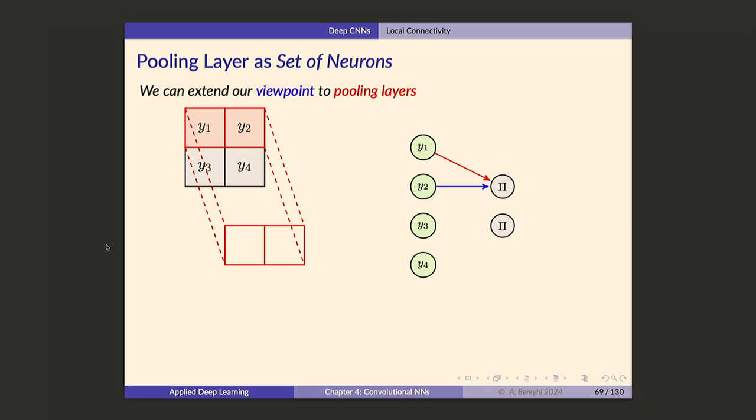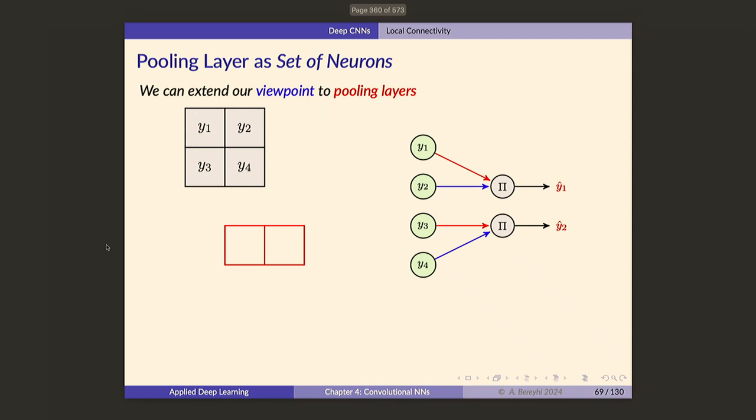So I can look at y1, y2, y3, and y4, all of my inputs, as different nodes. The first 2 are connected to the first neuron, and the neuron just takes the maximum value. Again, when I slide it down, the 2 other inputs are connected to another neuron, which again takes the maximum value, right?